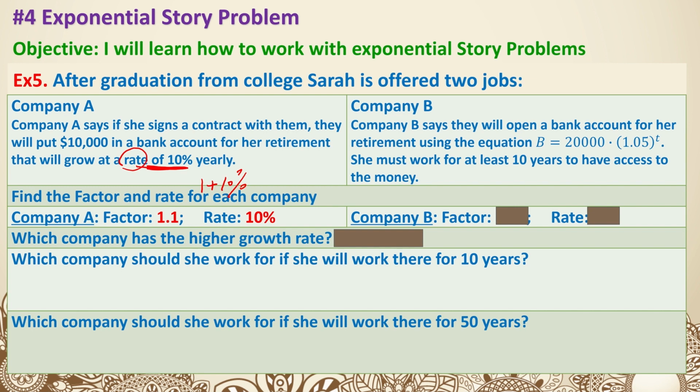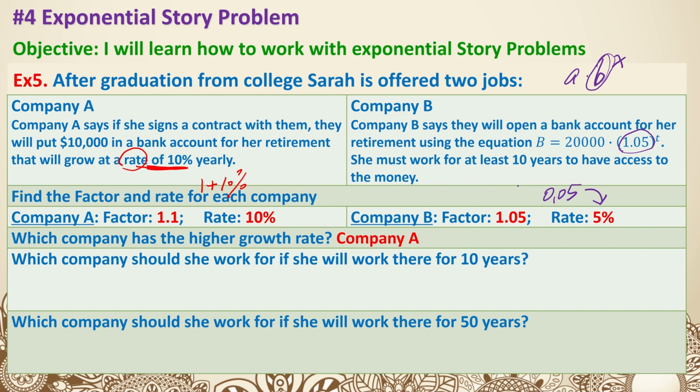Okay, company B, well, if you already have the function given, again, a times b to the x power, the b is our factor, so that means 1.05 is our factor. Compared to 1, it's only 0.05 extra, so that means the rate is 5%. Just by looking at the rate, of course, company A has the higher rate.